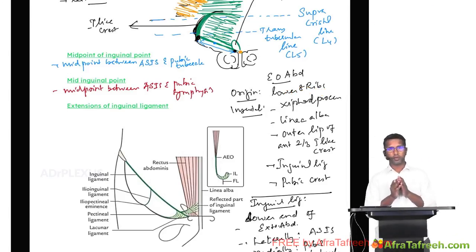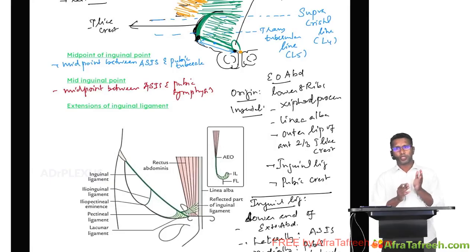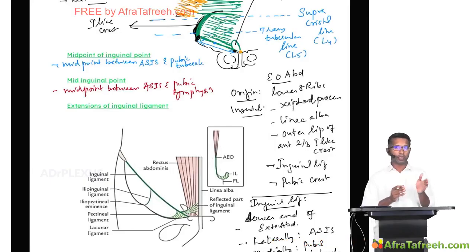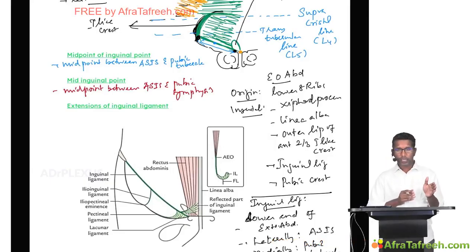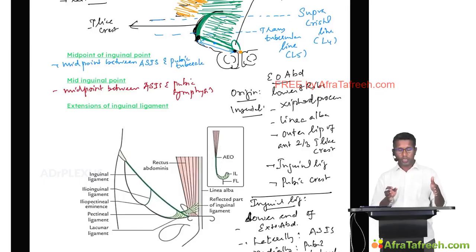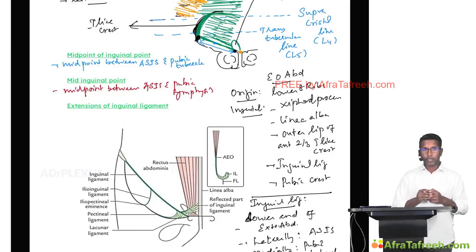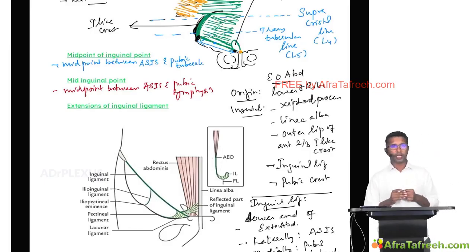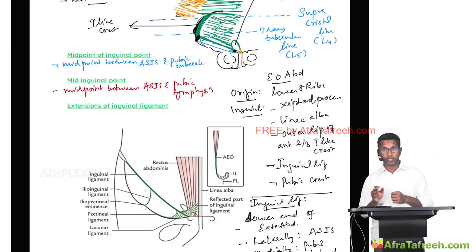This differentiation is very, very important. You should know the difference between the midpoint of the inguinal ligament and the mid-inguinal point. The midpoint of the inguinal ligament is the midpoint between the anterior superior iliac spine and the pubic tubercle, whereas the mid-inguinal point is the midpoint between the anterior superior iliac spine and the pubic symphysis.